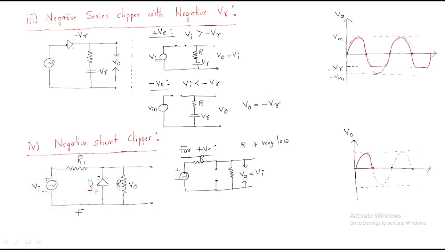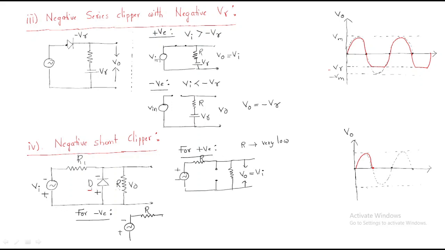Next, look at the negative half cycle. For the second case, what happened for the negative half cycle? Negative half cycle means take it negative and positive. For this we have a resistor. Just observe here, for the negative half cycle this will become negative and positive. Negative is connected to negative and positive is connected to positive.